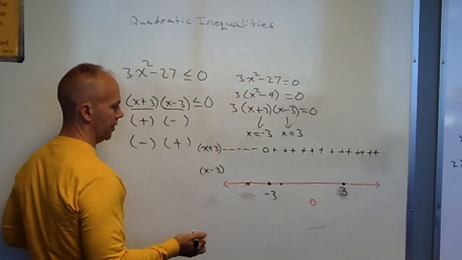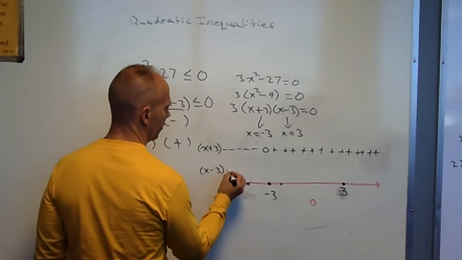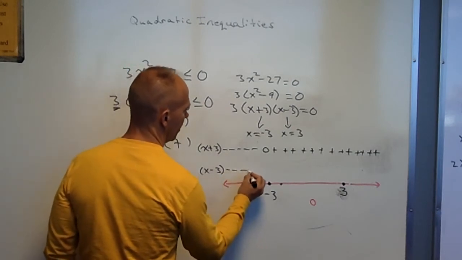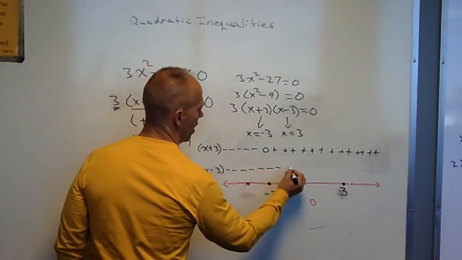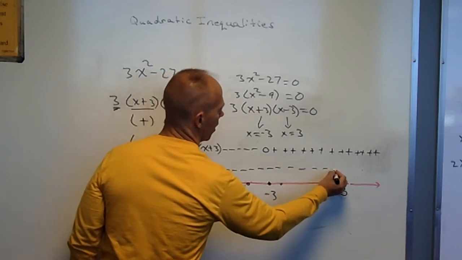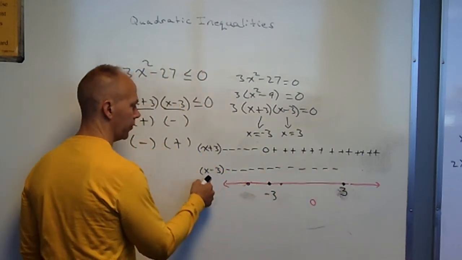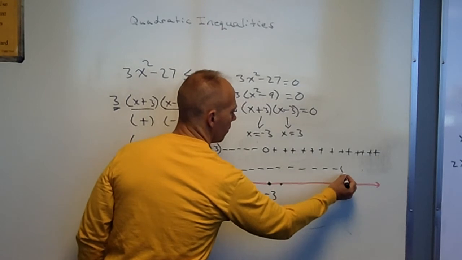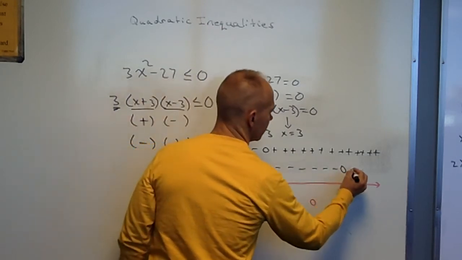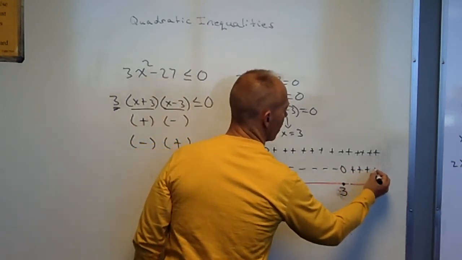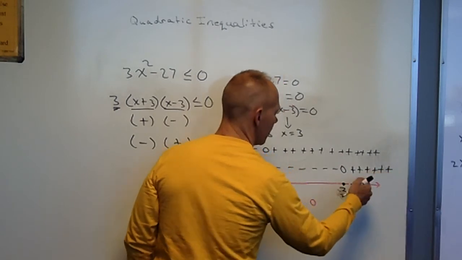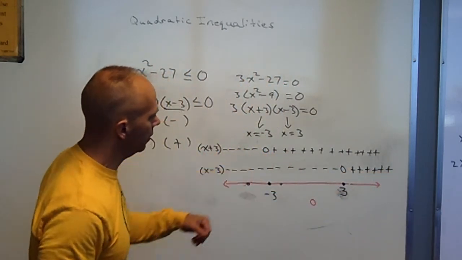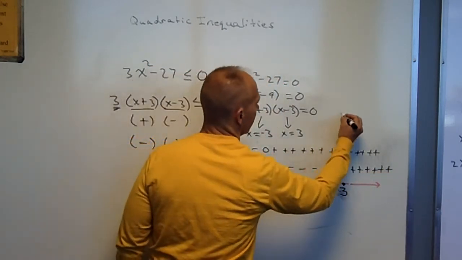X minus 3, again, plugging in values out here, and on the negative side, I get negatives until I get to x equal 3. Plug in x equal 3, I get 0. And then it's positive. I just realized I didn't give you a name. What we're making here, this is called a sign chart.